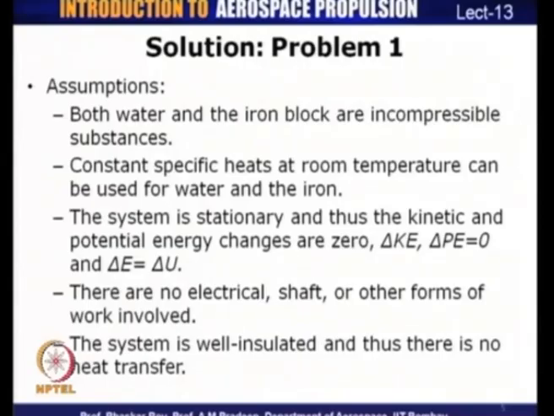The system is stationary, there is no movement of the system. Therefore, the changes in kinetic energy and potential energy are 0, and therefore the delta E, which is the change in energy of the system, will be equal to the change in internal energy of the system.